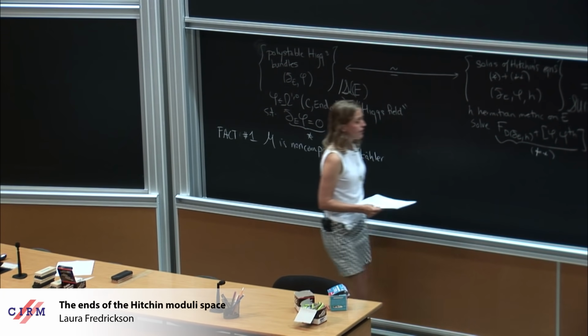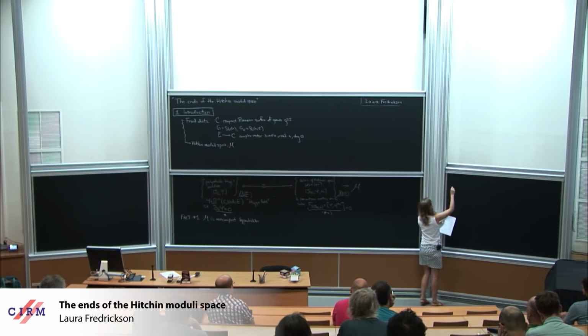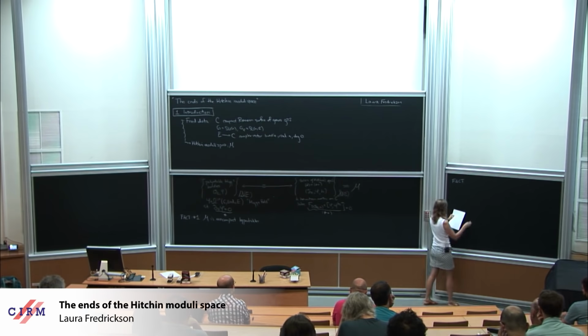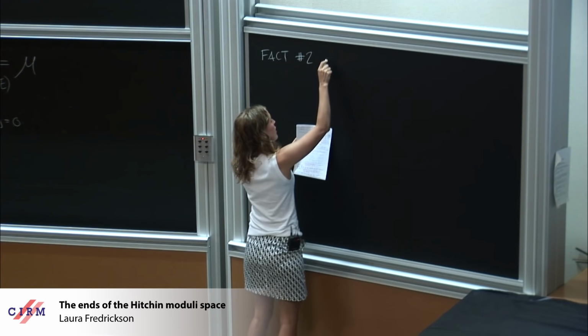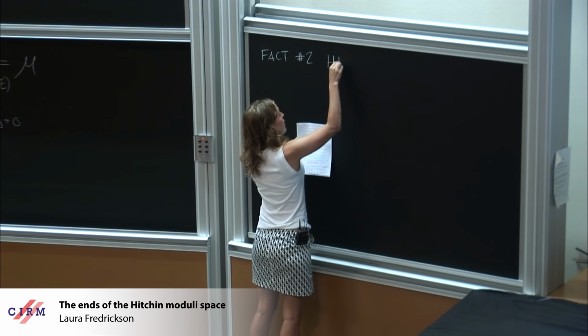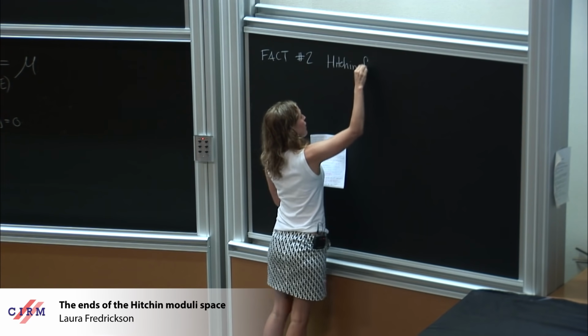And the second fact is the existence of this, I'm going to put it over on this board so I can make reference to it later, just because of the centrality of these spectral data, the Hitchin fibration.